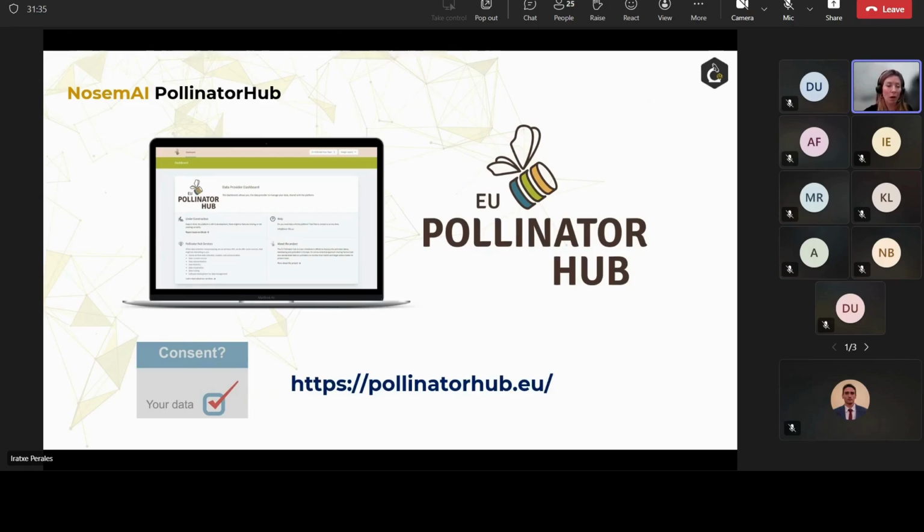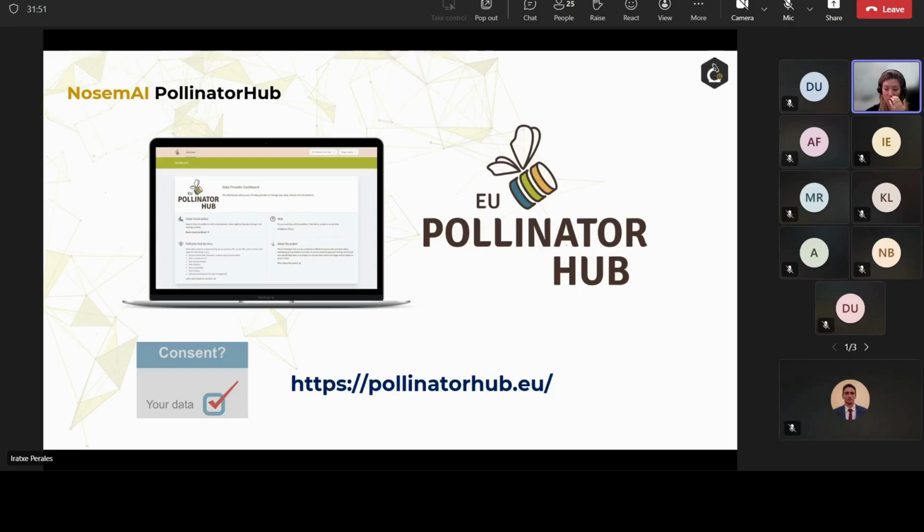So everybody that wants to access Pollinator Hub and check Nosema incidence in Europe could have free access to our data and check real results from different regions.